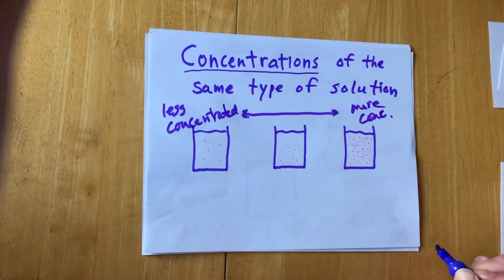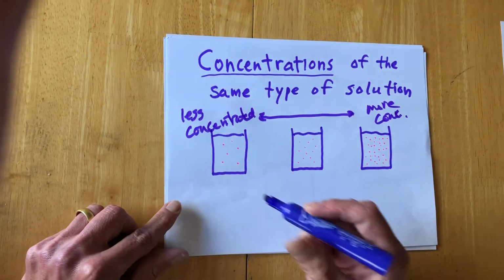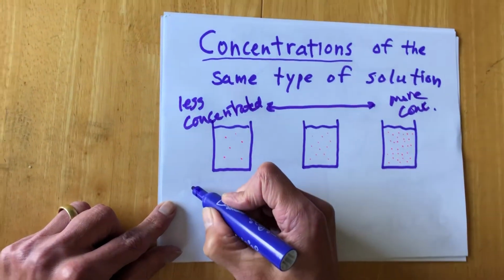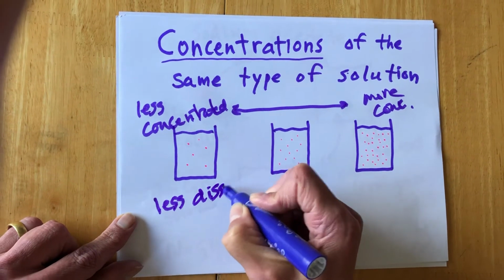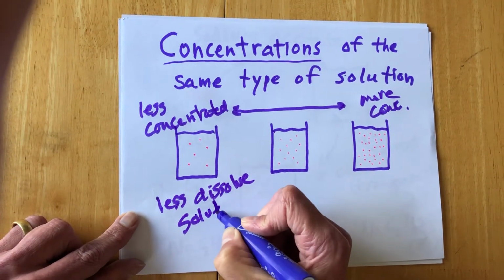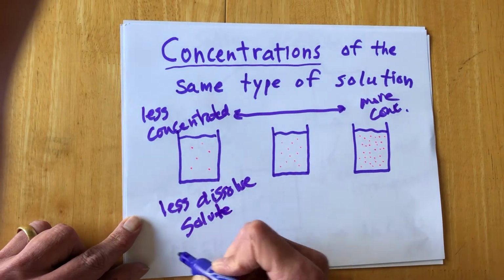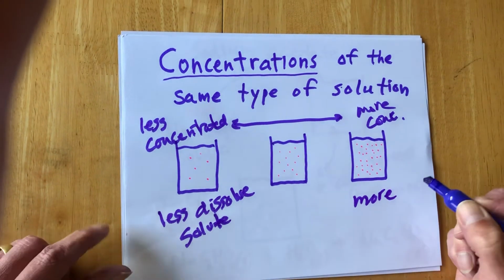So over here you have less dissolved solute, and over here you have more dissolved solute. You can see there's more dots.